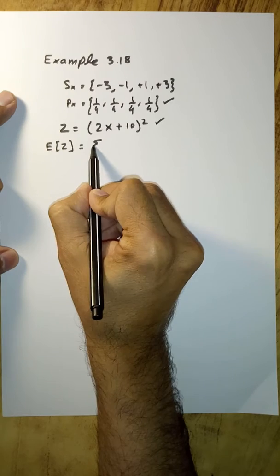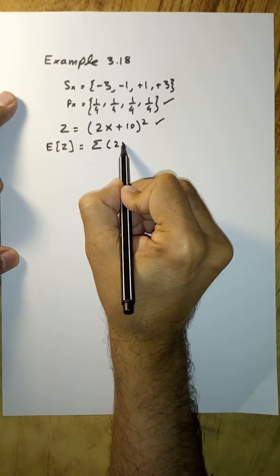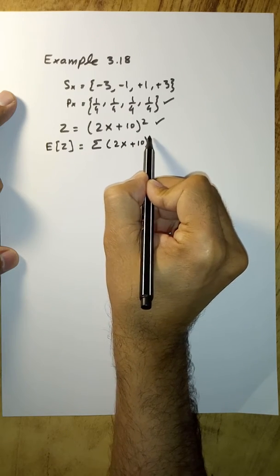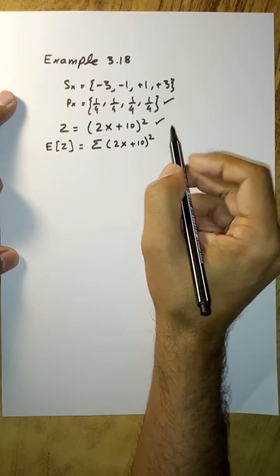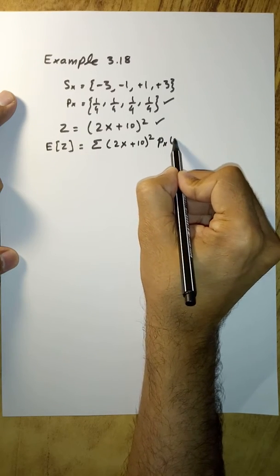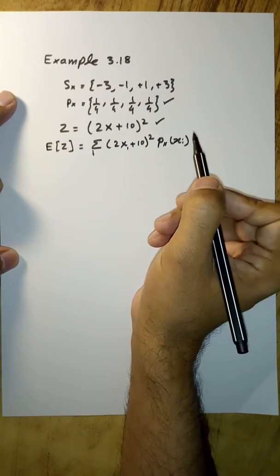The way to find it is the summation over all possible values of x of the function (2x plus 10), the relationship between x and z, multiplied by the PMF of x, which will give us the expected value of z.